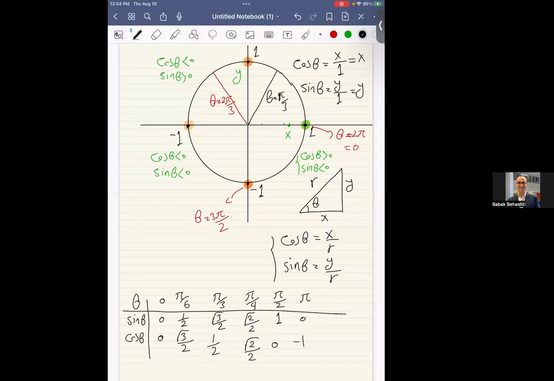So that means for 2 pi over 3, cosine is just negative 1/2. So cosine of 2 pi over 3 is negative 1/2, which is negative cosine of pi over 3. And sine of 2 pi over 3 is the same as sine of pi over 3.